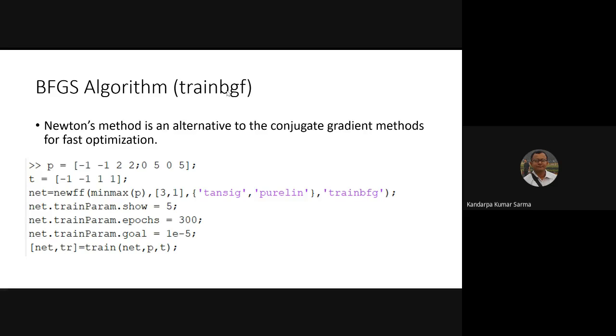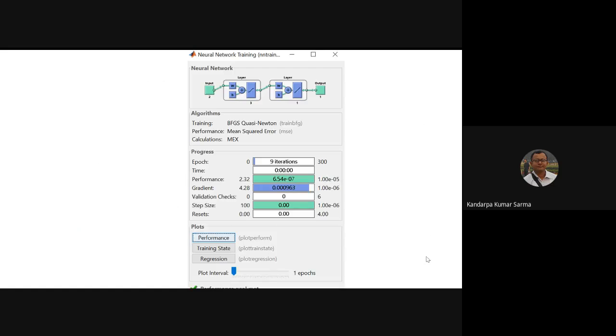It's not BGF but BFG changes. So we here find that this particular quasi-Newton training method will take about 9 number of iterations to cross the convergence goal of 10 to the power minus 5, and generates a stable response.